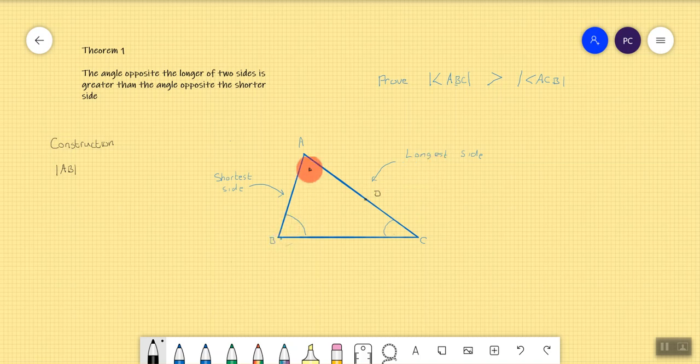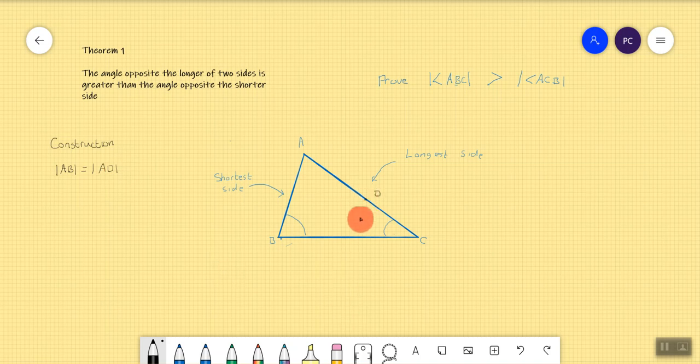I'm just eyeballing it, but what you're doing is making it so that this length from A to D is equal to the length from A to B. So you're creating a line that's equal to AB, and we're calling that line AD.